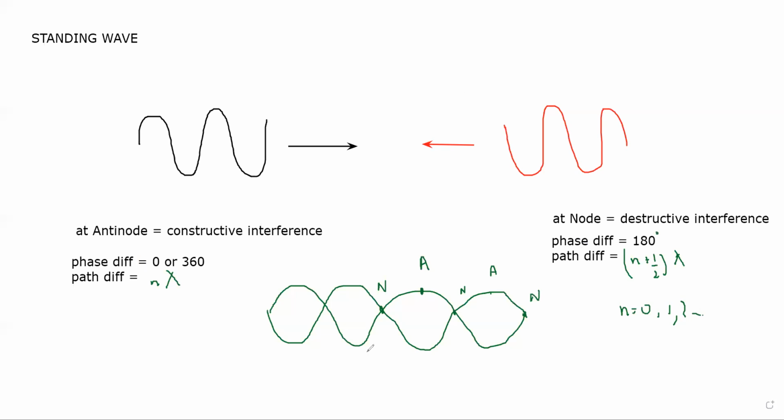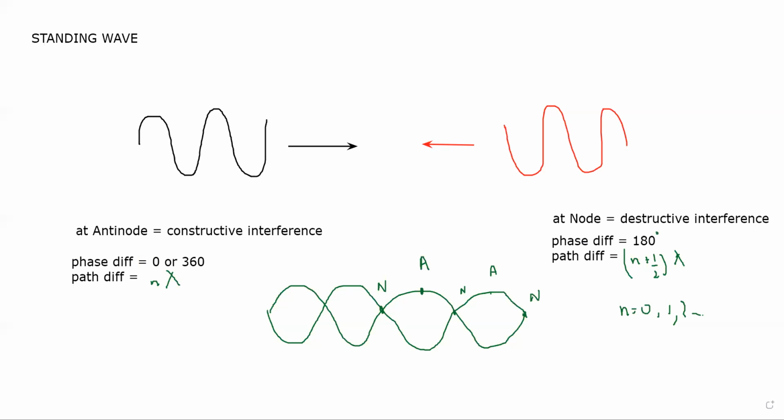So the simple definition of the standing wave: the wave formed by combination of two progressive waves, the waves which can change their position, traveling in opposite direction. We call that resultant wave a standing wave.